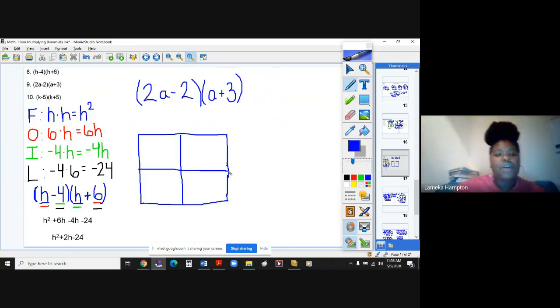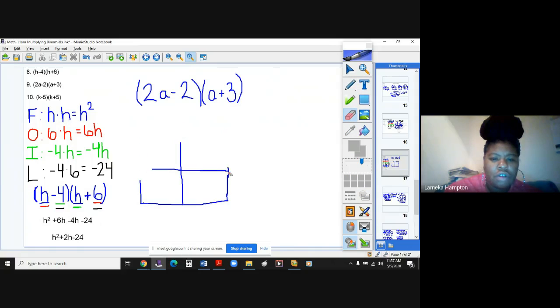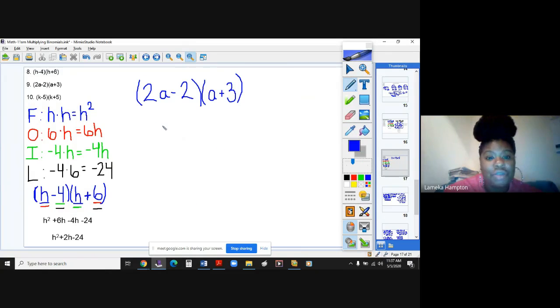Now, the first thing I'm going to do, I am going to separate all of these binomials into monomials, and they're each going to be represented by a side over here. Matter of fact, let me see. I didn't make the box. Okay, sorry, y'all. Because I want it to be as separate as possible. And for anybody that's watching the playback, I do this all the time in my class.